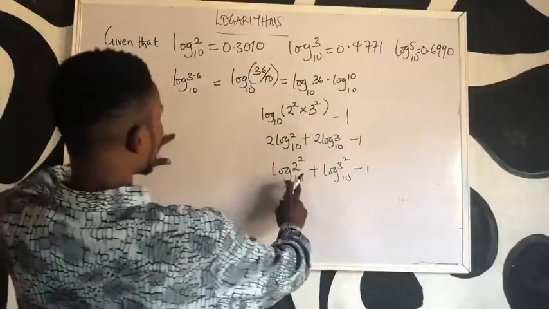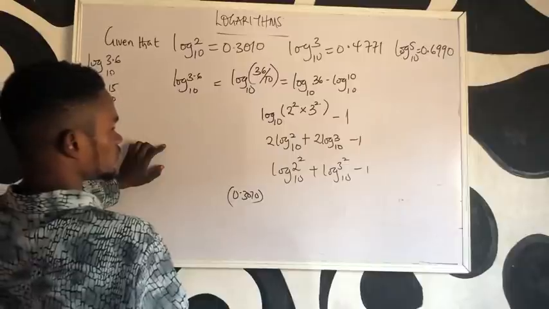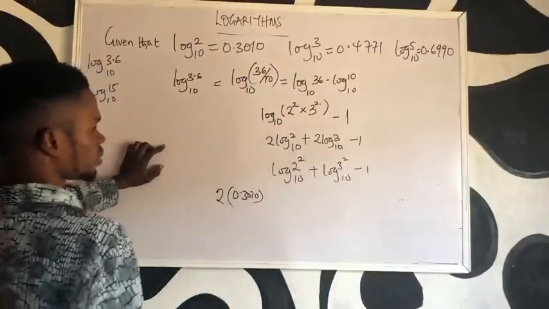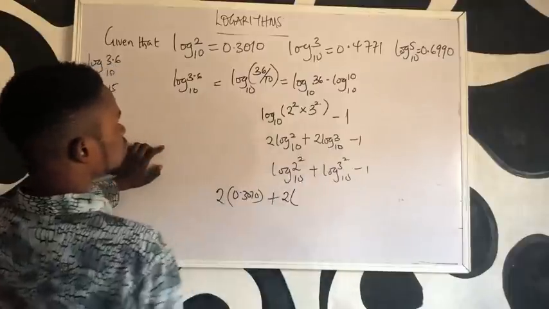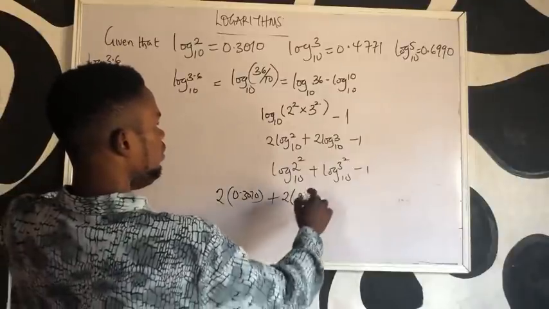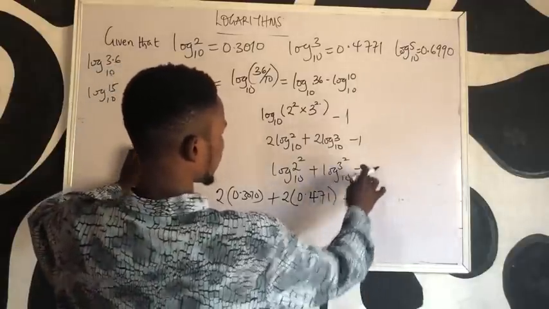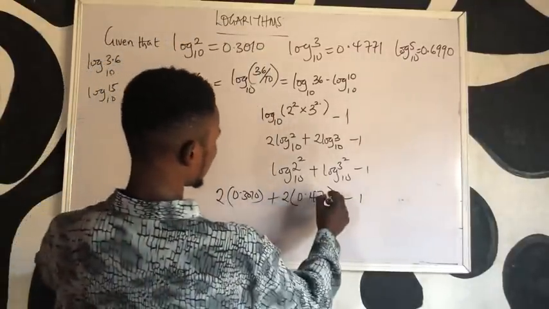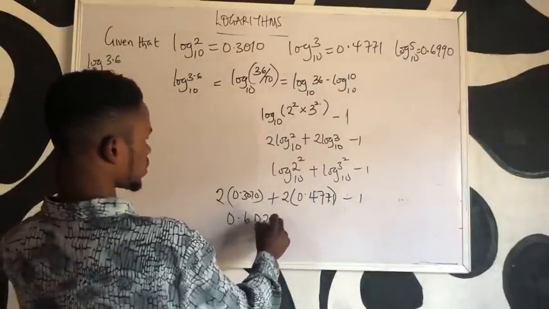Log 2 base 10 is 0.3010, which is 2 log 0.3010 plus 2 log 0.4771 minus 1. So what's our answer now? 2 times 0.3010 is 0.6020.